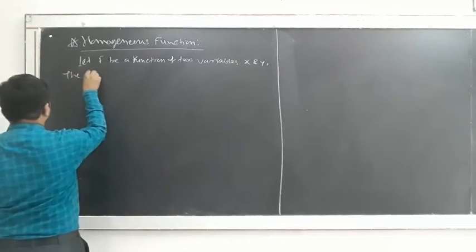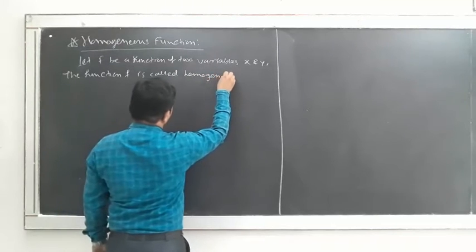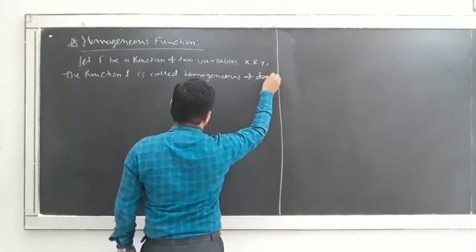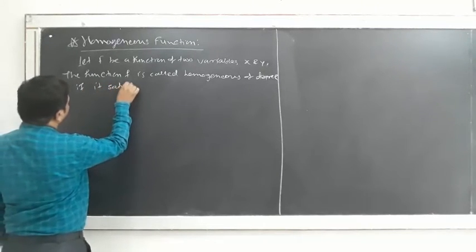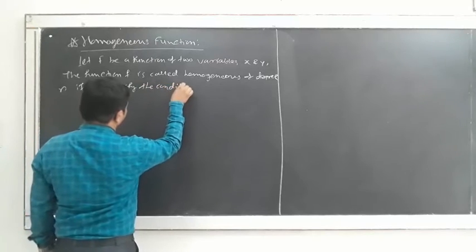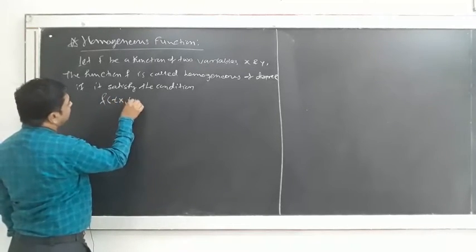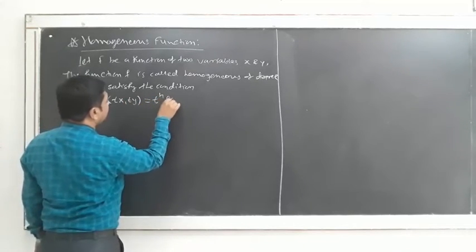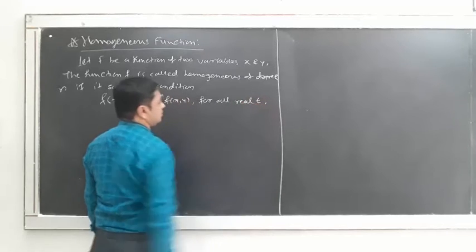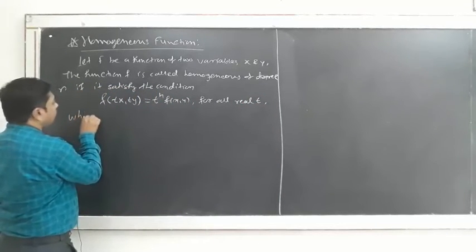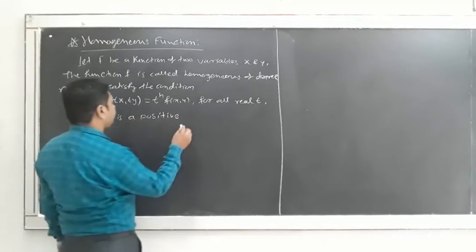The function f is called homogeneous of degree n if it satisfies the condition, which is f of tx, ty is equal to t raised to n f of x, y for all real t, where n is a positive integer.